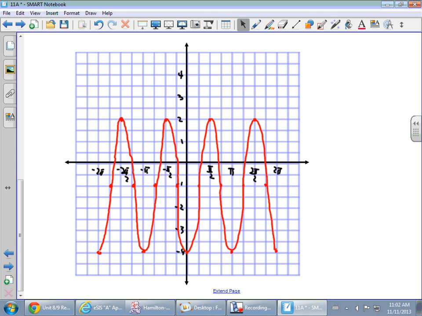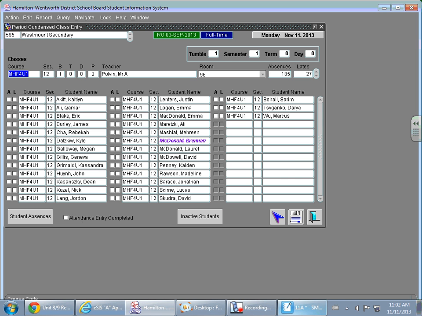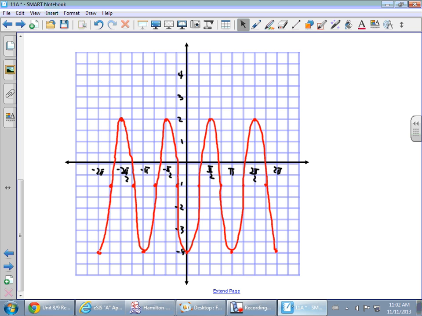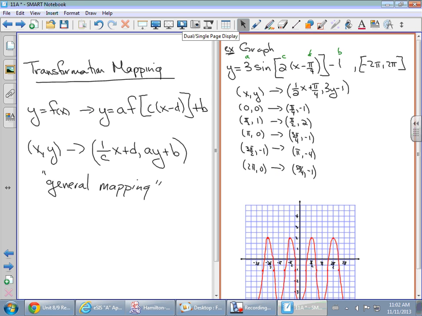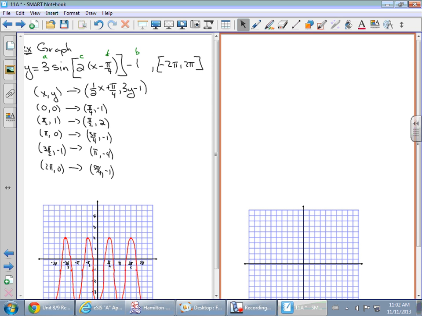Okay. So now let's try it with a cosine curve, and then again throw in a different wrinkle. Okay, so let's try it with this one.